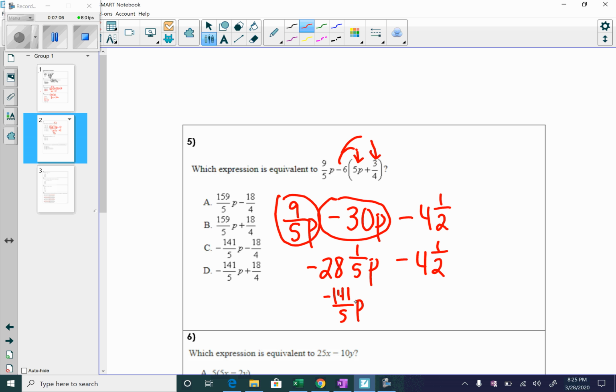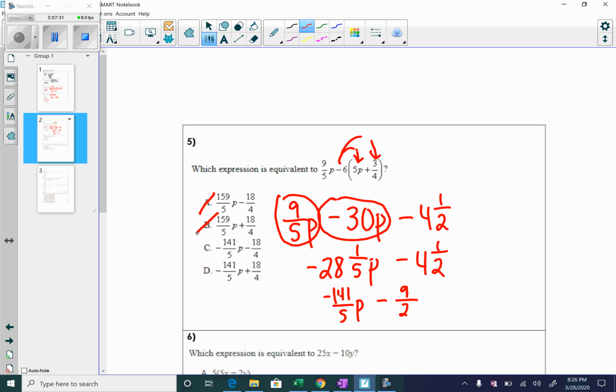And then if you look at the second term, those are also in improper fraction form. If you change 4.5 to an improper fraction on the calculator, it's going to give you 9/2. Okay, so now if we go and look at the choices, we know it's not A and we know it's not B because the first term is incorrect.